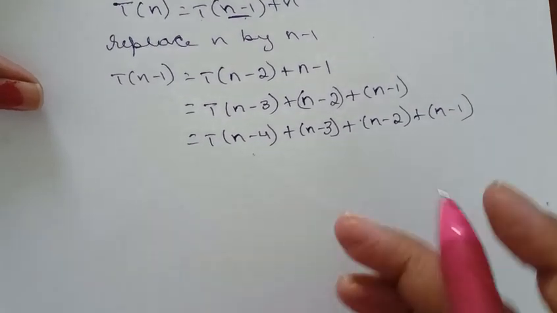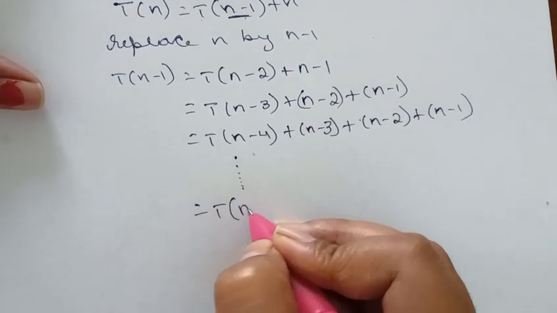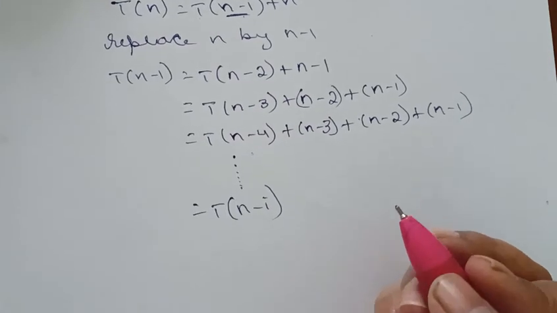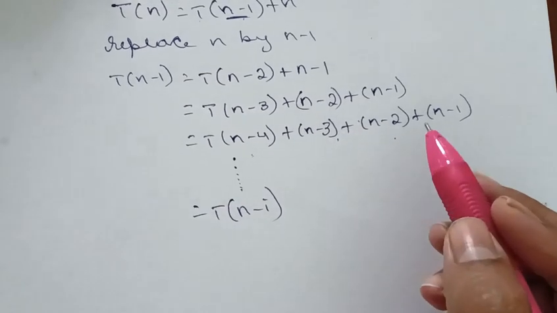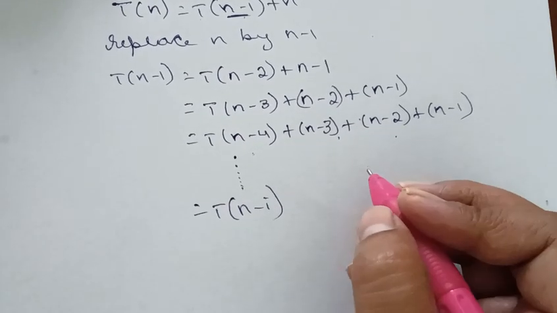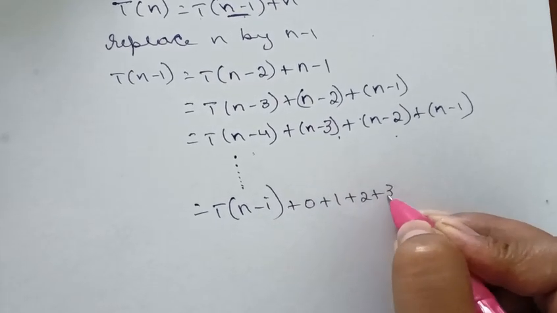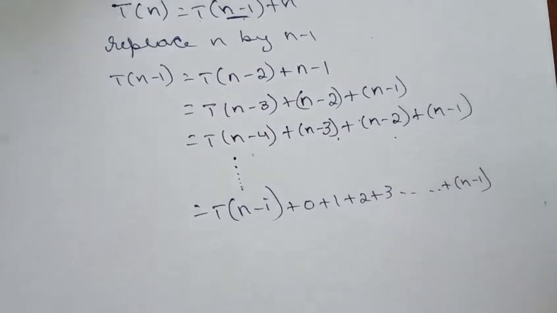This is how, if I keep on writing, it will be T of n minus i. Here you see n minus 1, n minus 2, n minus 3, n minus 4, like that it will go, so it will be like 0 plus 1 plus 2 plus 3 till n minus 1.